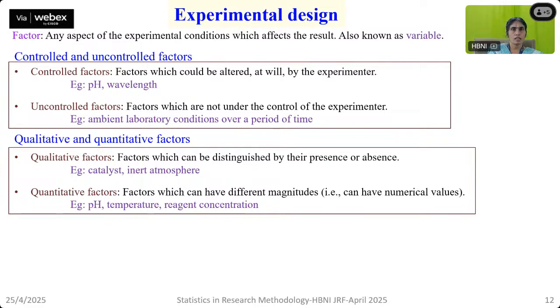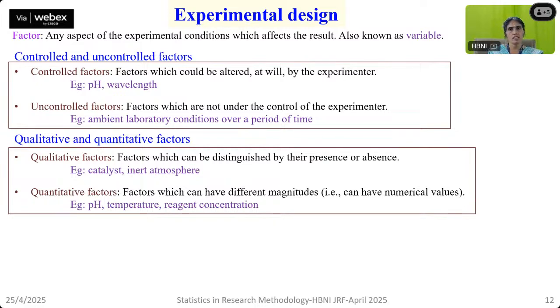Or if the atmosphere is changed from air to vacuum to helium or some other atmosphere, you will see variation in the reaction kinetics, or maybe variation in the formation of the particular product. So these are qualitative factors which will change the ultimate product, but you cannot numerically predict the magnitude of the outcome. But there is definitely an impact of variation of these factors.